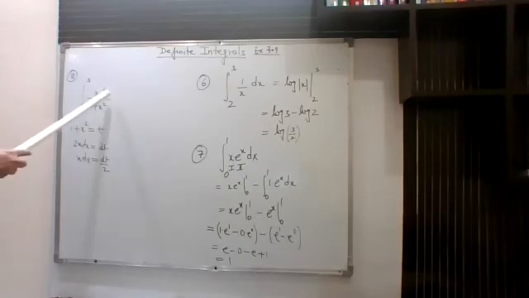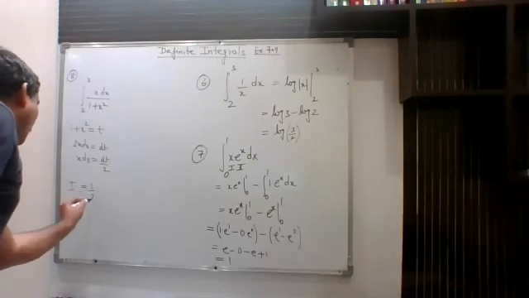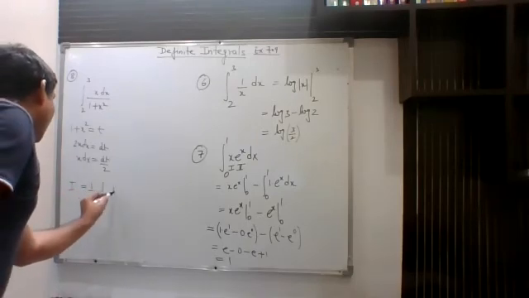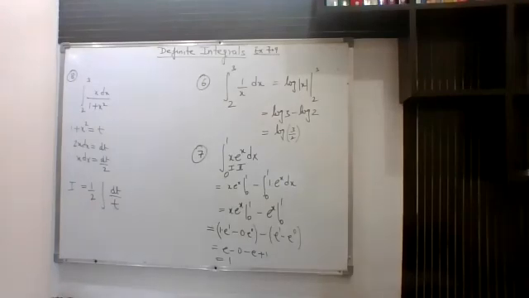Now this is an integral in terms of x. We have to convert the integral in terms of t. So when you convert this integral in terms of t, you can rewrite this as 1 upon 2 dt upon t. This is how we can write.